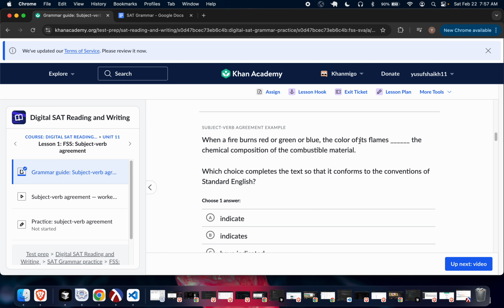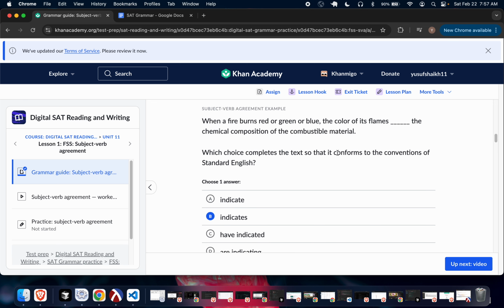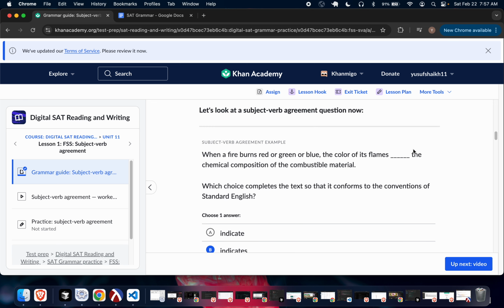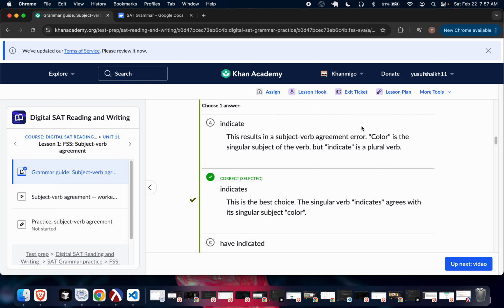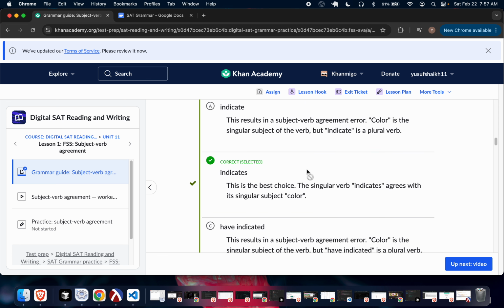So this is a singular thing, right? It's a fire, its flames, it's one thing. So we're probably looking for a verb that works with a single subject, and that's going to be "indicates." So the color of its flames indicates the chemical composition. That verb is going to agree with its subject.